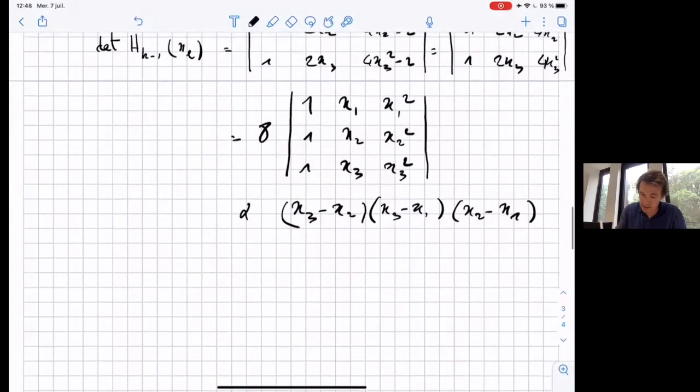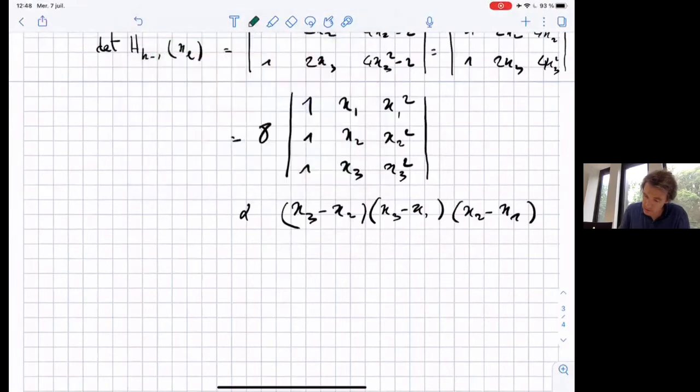Okay, so that's really nice now, because again, this is this van der Monde determinant that we have seen before.